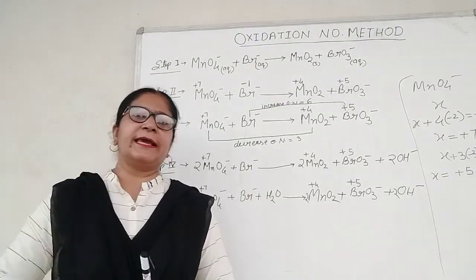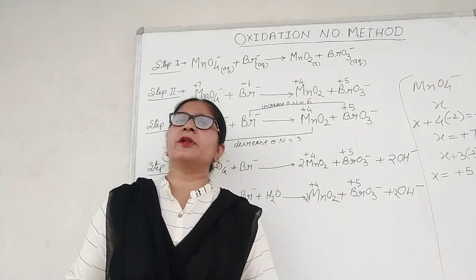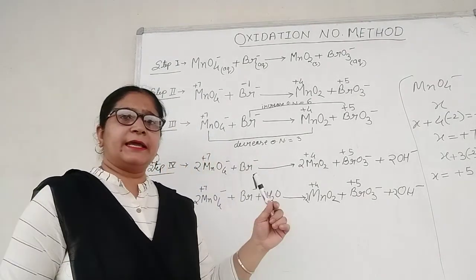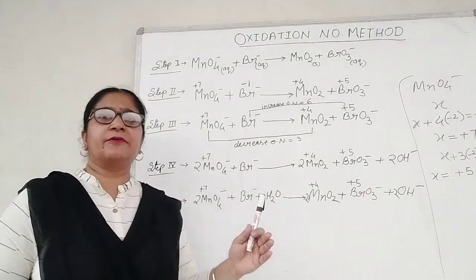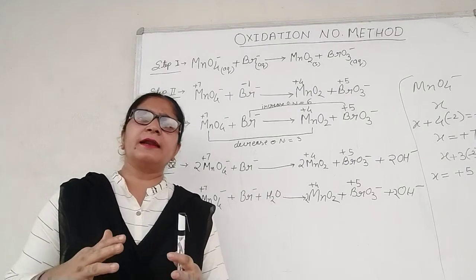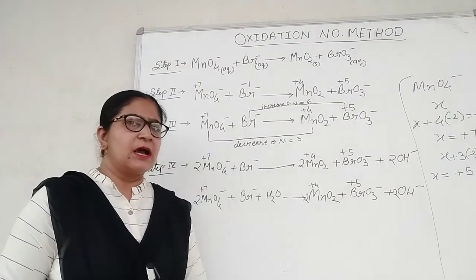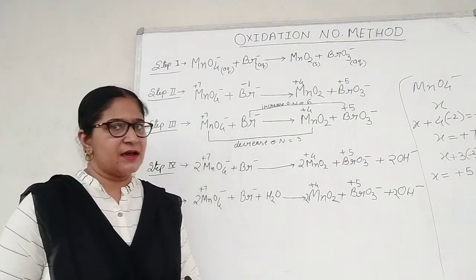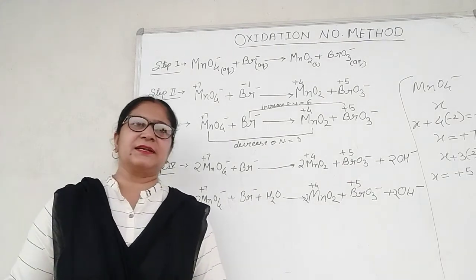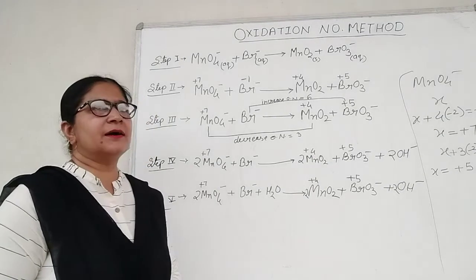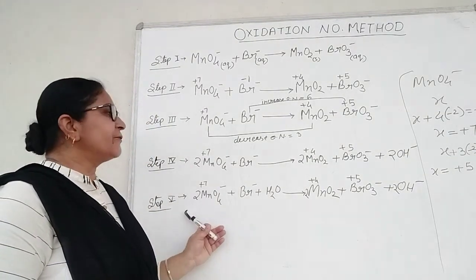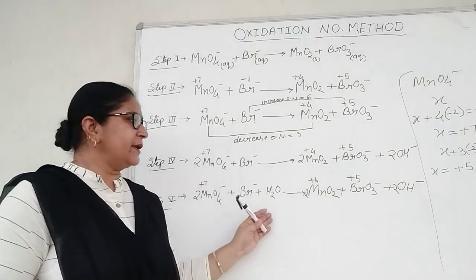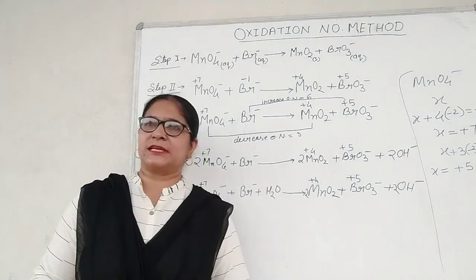If we count the number of oxygen atoms on either side of the reaction, we can see that there are 9 oxygen atoms present on either side, so the equation represents the balanced redox reaction. This is step 5: we have found the balanced redox reaction.